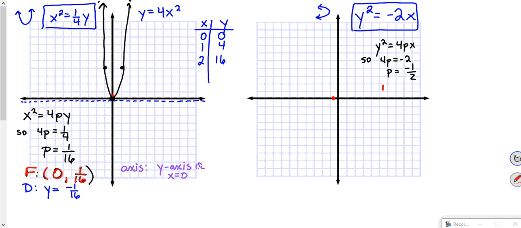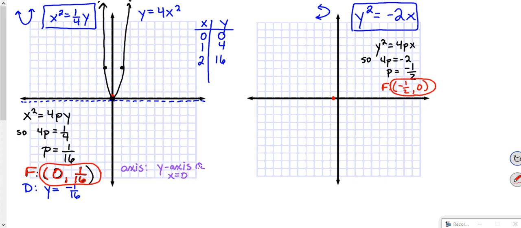So my focus is going to be negative 1/2, comma 0. Now, notice the difference. Your focus over here, on the first one we did, the x coordinate was 0, and your p point was in the y coordinate spot. Here they're flip-flopped because it's a left and right, well, in this case just left, facing parabola. So negative 1/2, 0 is your focus.